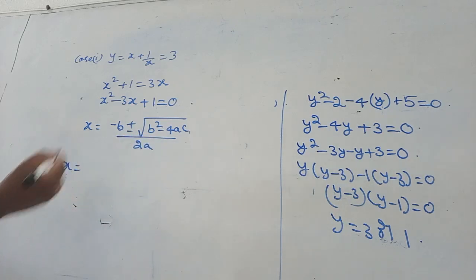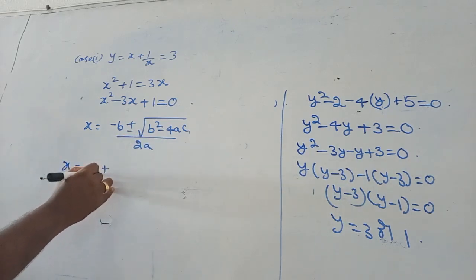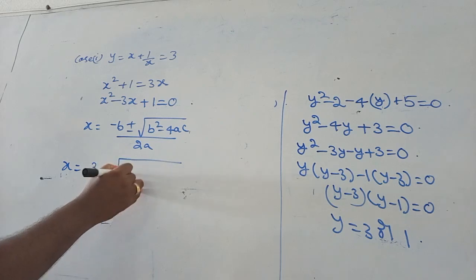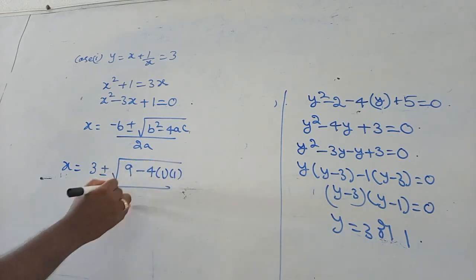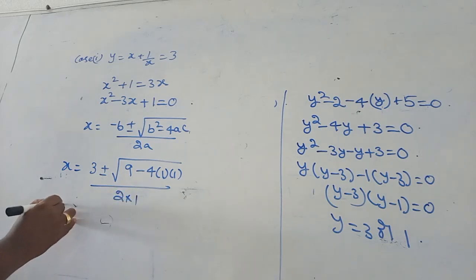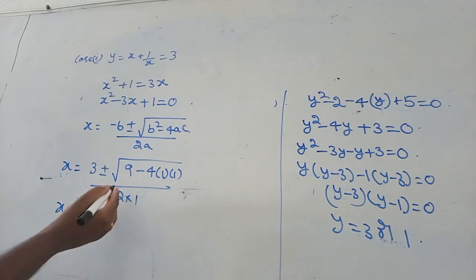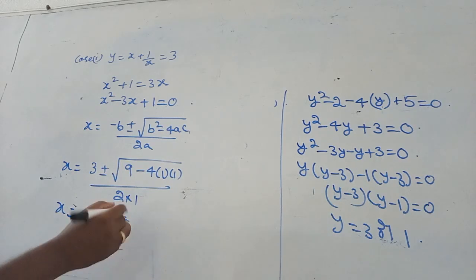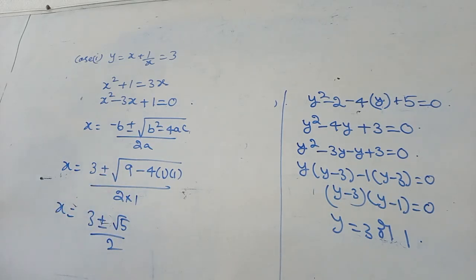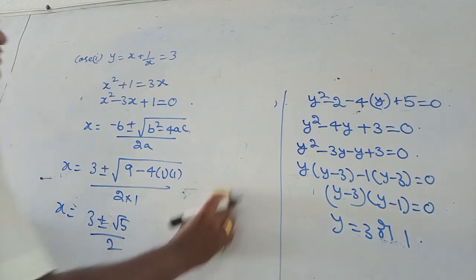We will have x is equal to 3 plus or minus square root of 9 minus 4 into 1 into 1 whole by 2 into 1. Now x is equal to 3 plus or minus root 5 by 2. These are the roots in this case.